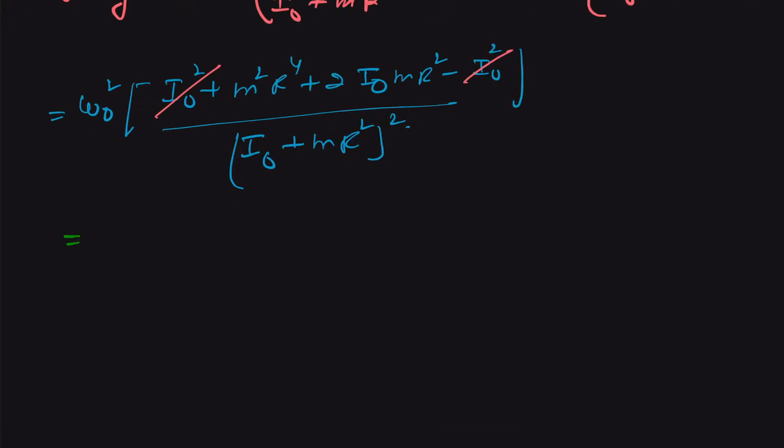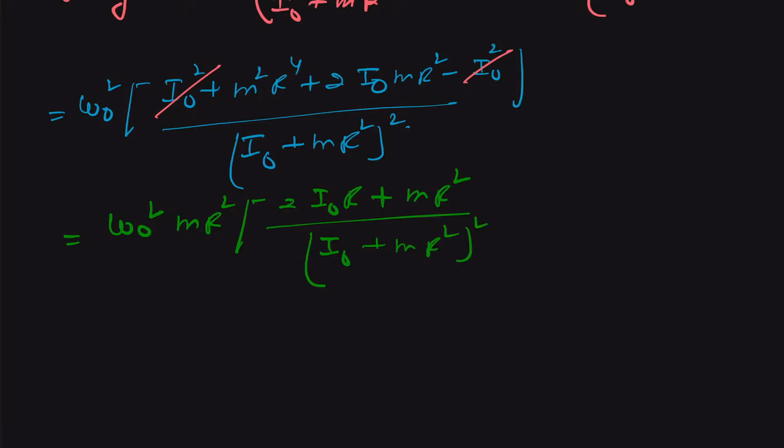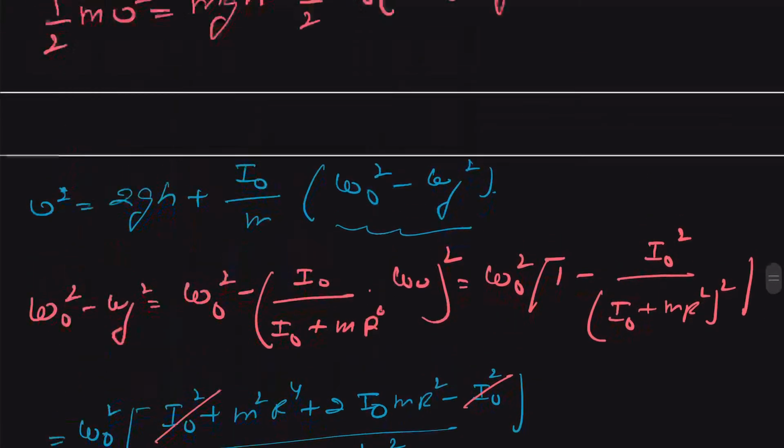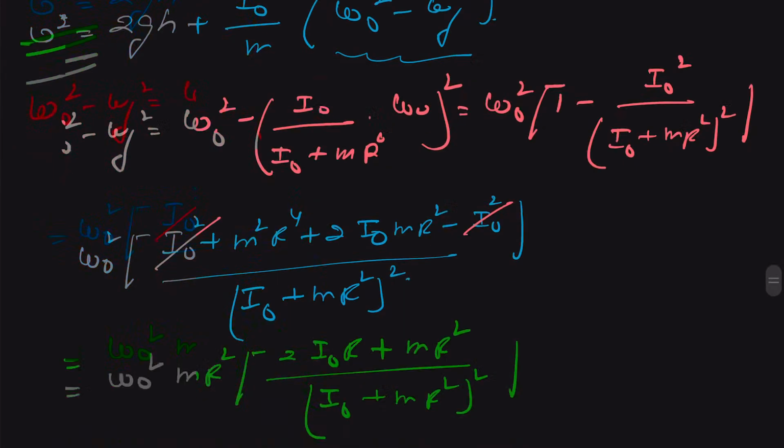So we get omega naught square m r square times twice I naught plus m r square, divided by I naught plus m r square whole square, and bracket closes, and we substitute it in the velocity equation.